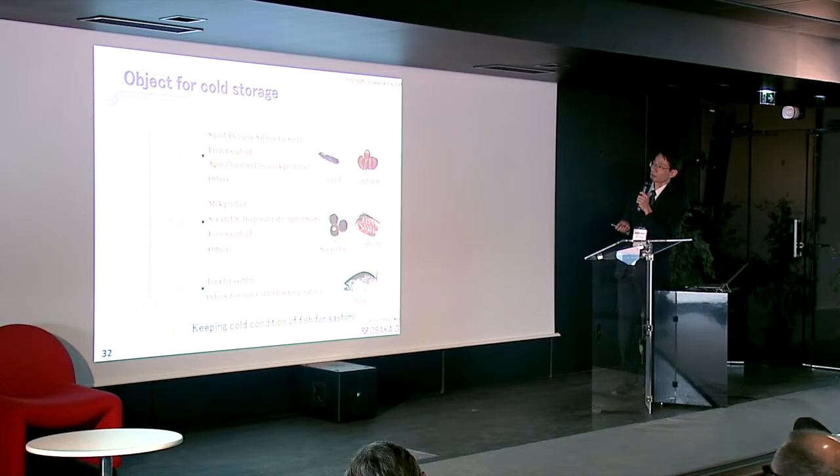This shows the objects for cold storage: minus 40 degrees C, minus 50, and minus 60 degrees C. Each temperature level shows appropriate usage. The lowest temperature, minus 60 degrees C, is for tuna. And the second one is seaweed and shrimp, etc.